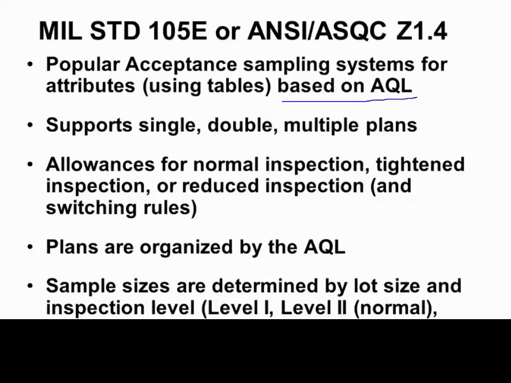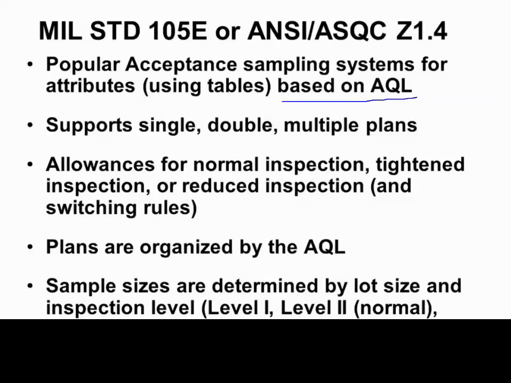There are also different levels of inspection, if you will, where if you reject a lot, you're going to move to a more stringent inspection level where you may need a larger sample size, say.